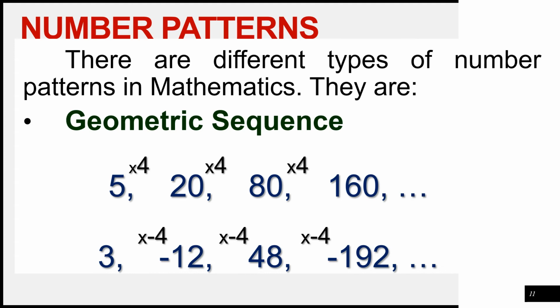Now, if you can observe, the first example has all of its terms having the same sign, which is all positive, while the second example has alternating signs. In this case, we have positive 3, negative 12, positive 48, and negative 192. What does this imply?